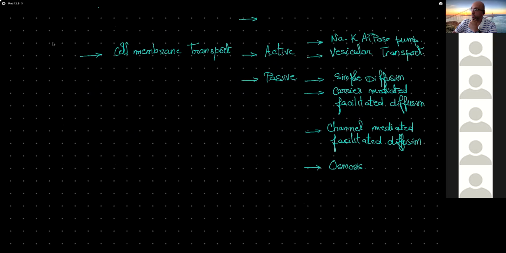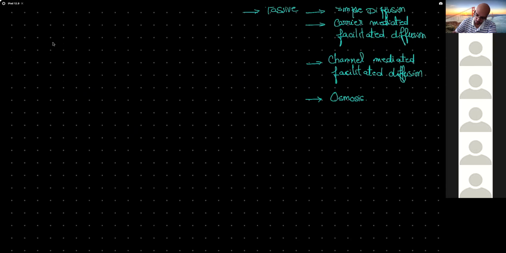After we completed our discussion of the cell membrane transport, we've discussed the organelles. And if you remember, we've discussed the two types of organelles located in the cytoplasm, and those are the membranous and the non-membranous organelles.